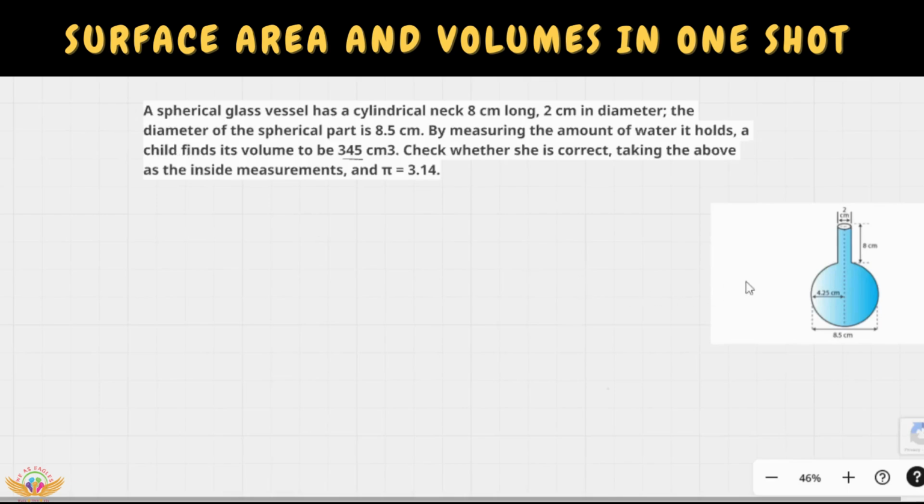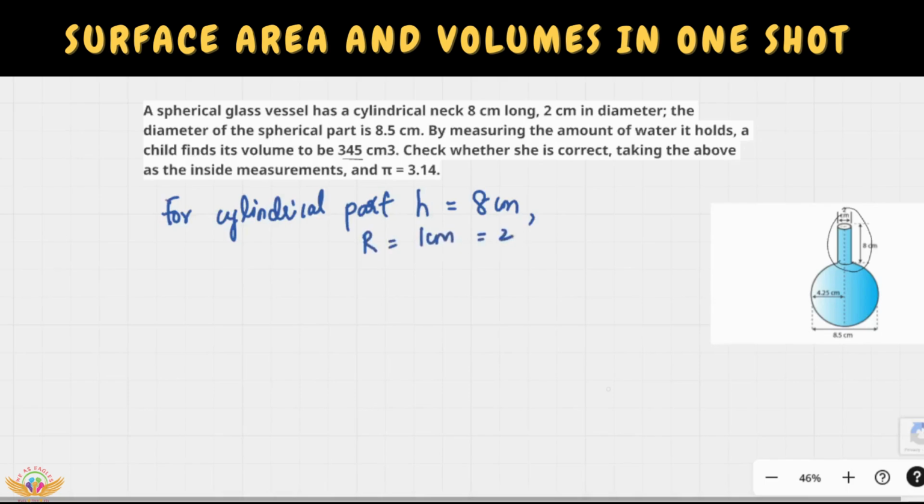Yeah, done. So for the cylindrical part, looking at only the cylindrical part, okay, up to here, this cylindrical part. So the height, let me write here. For the cylindrical part, height h is equals to how much? 8 centimeters they have given, and r is equals to 1 centimeter, that is 2 by 2.